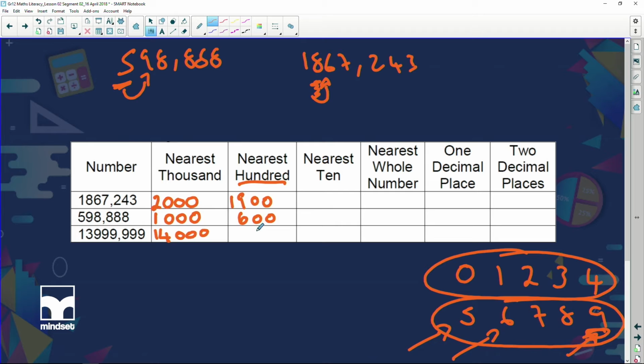The next one, 13,999,999. My 100 is the 9. The next digit is a 9. So it means that 9 becomes a bigger number. What's the number after 9? It's 10. But I can't have 10 in one unit place.